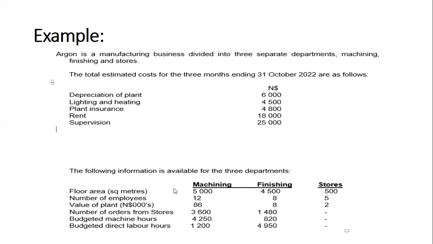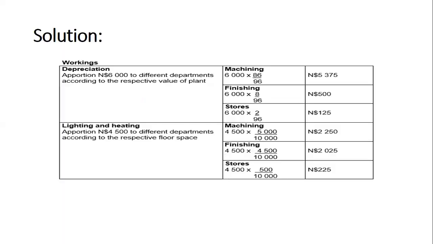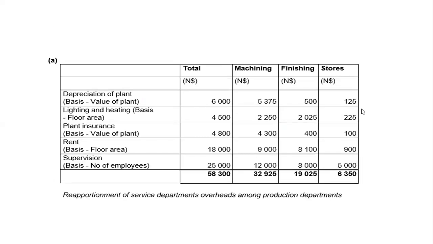For machining, we just take 5,000, divide by the total, then multiply by rent. Finishing, just take this, divide by the total floor space, and multiply just like that. When you take the rent figure that is apportioned to the 3 departments, it exactly gives us 18,000. And you are highly encouraged to use such a table.